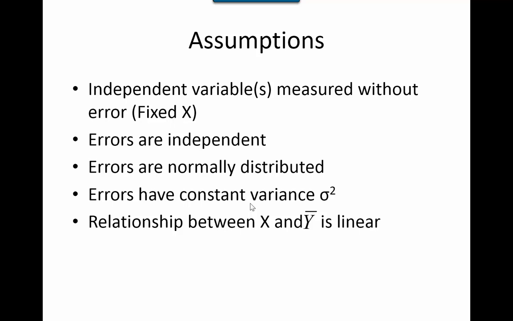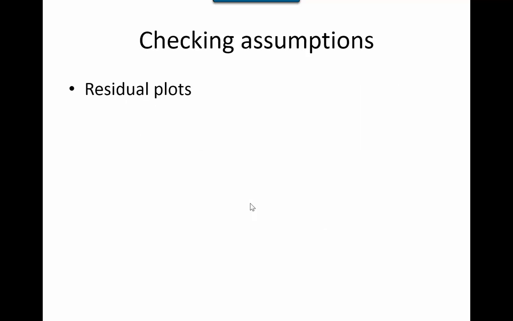That is, the error from one observation doesn't tell you anything about the error or the deviation in the next observation. Errors are normally distributed, have a constant variance, and finally, the relationship between the x variable and the average y is linear. So let's take a look at each of these in turn.